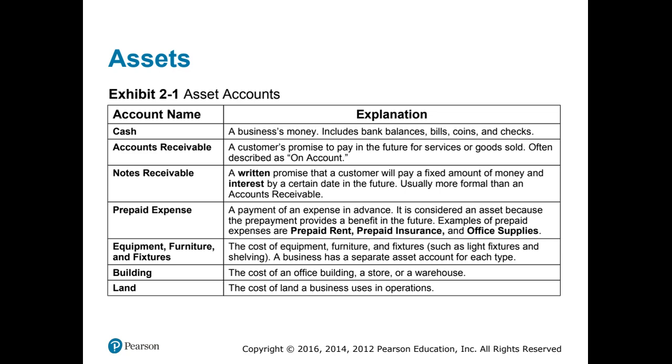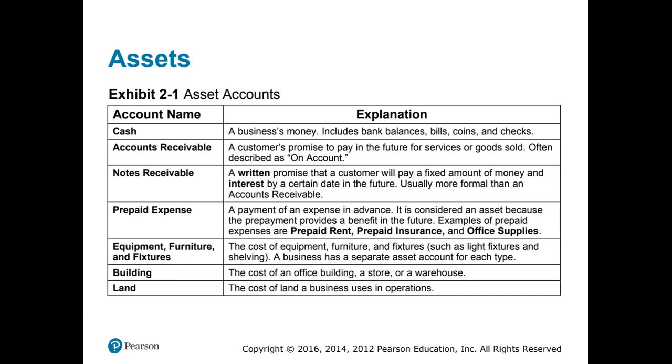So your receivables are assets, and your prepaids. This one can be kind of confusing because people will see the word expense and they think, oh, that's an expense. That's not an asset. But if it's prepaid, then it is an asset. And we'll talk about that a little bit more. So prepaid, anything that's prepaid, asset.